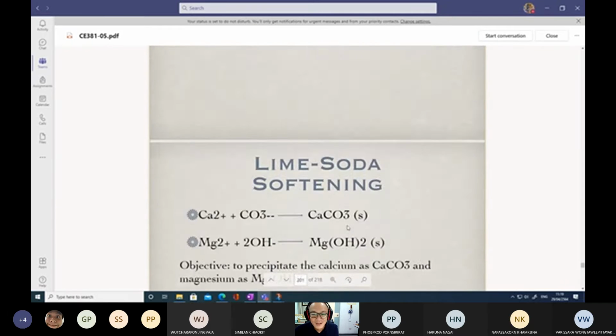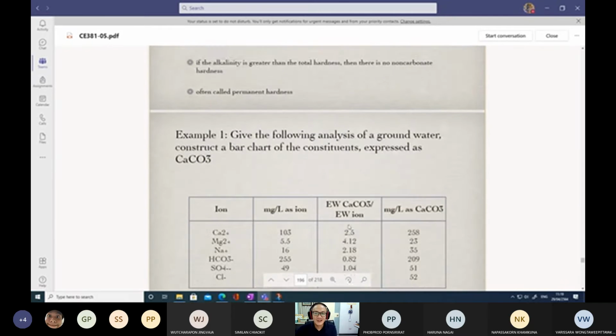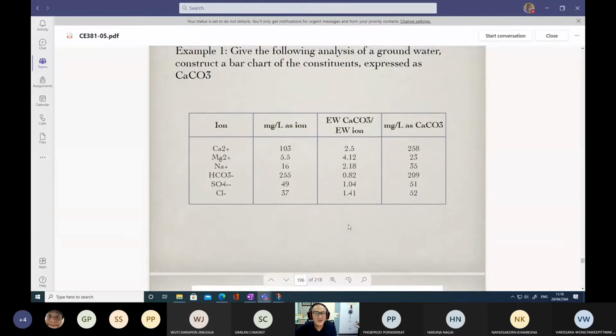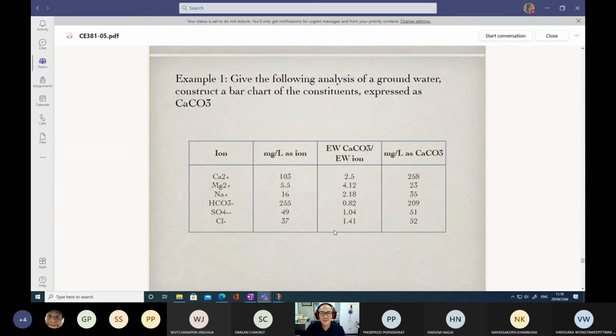Okay, so for the hardness, just look at this table in example 1. This example is nothing but trying to explain the unit conversion.